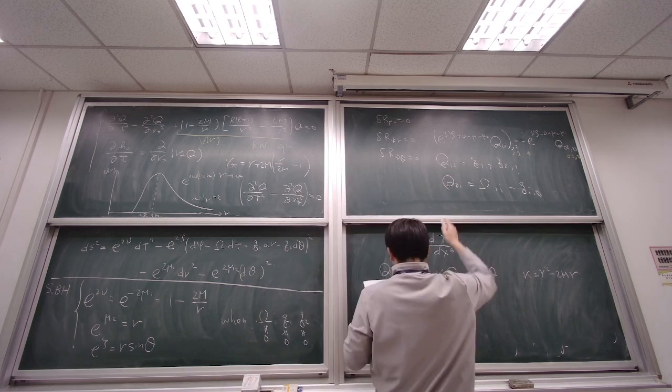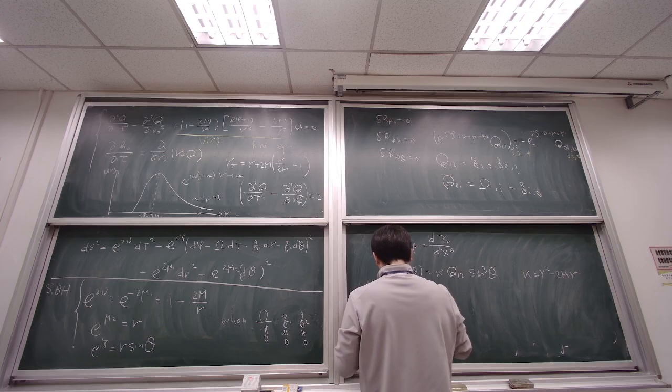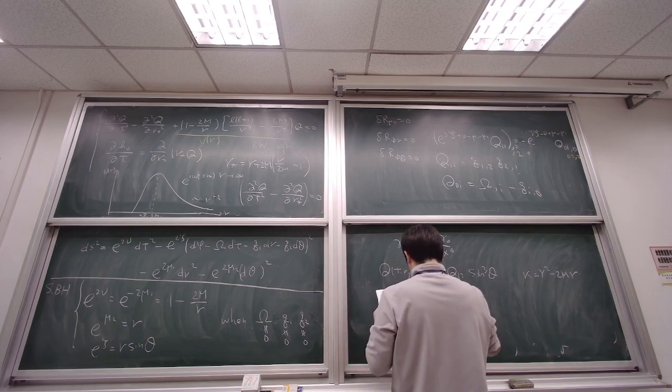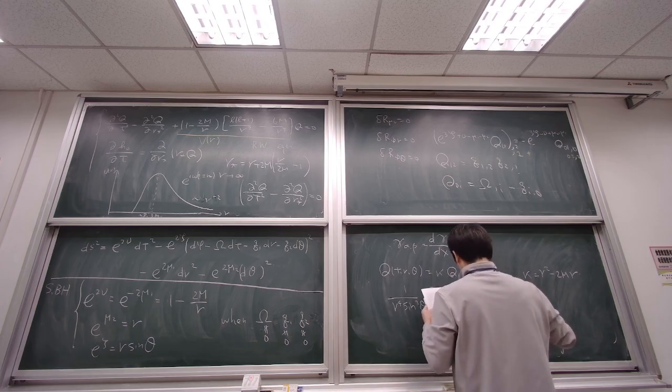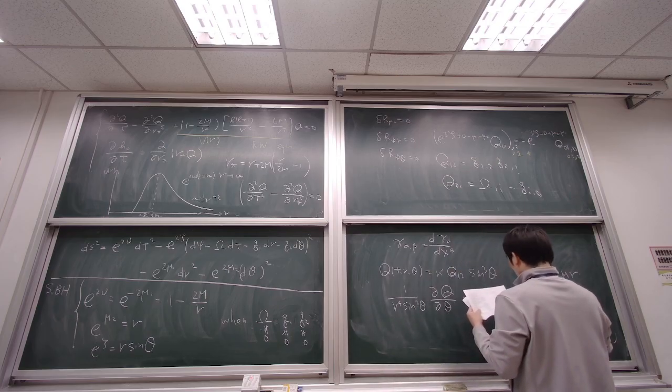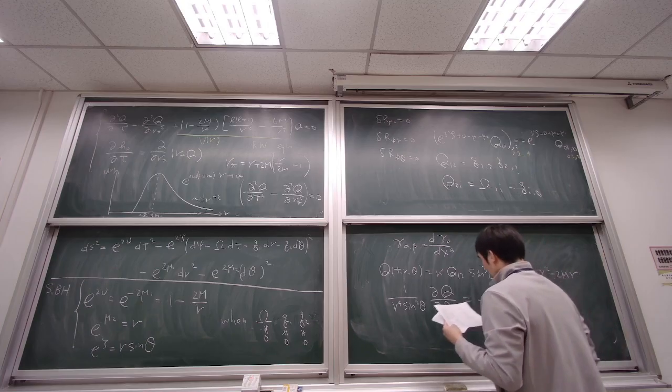These two equations we simplify as follows. 1 over r⁴, so r⁴ sin³θ ∂Q/∂θ equals minus ω_{,1} minus Q_{10,0}, like this.